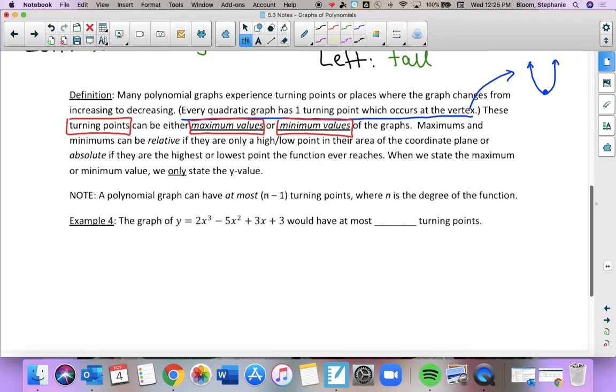They can be relative, and that just means they are a high or low point in their area. They're just high or low in that area, so I'll underline in their area. Or they can be absolute if they are the highest or lowest point that the function ever reaches.